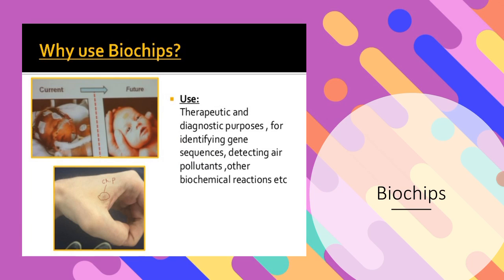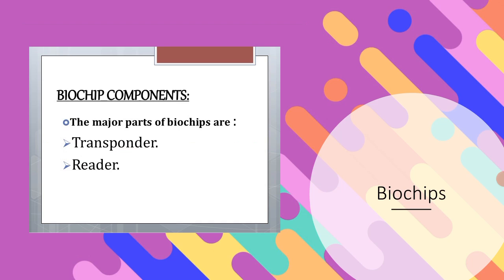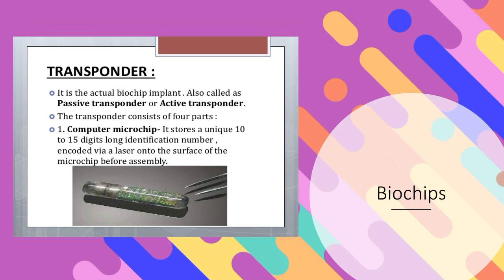Then we saw why to use the biochips. Then we saw the components of the biochips. What are the main two components? That is the transponder and the reader, right? Then the transponder is also divided into 4 subparts and the reader is divided into 3.